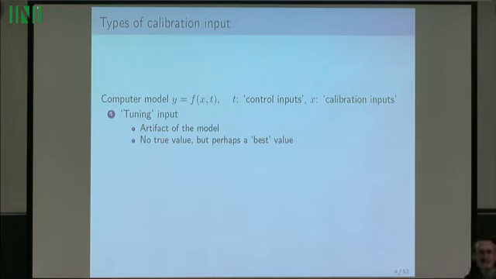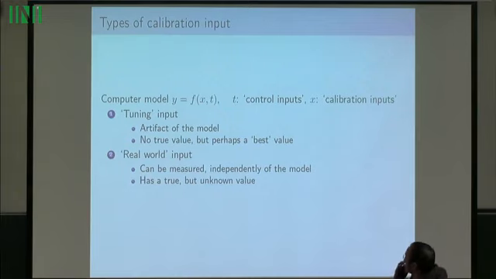So certainly in that sense, there's no independent true value. There might perhaps be a best value that makes the model perform correctly, but even that's debatable. But certainly we're going to have types of inputs that aren't directly physically observable, might loosely correspond to something in the real world, but aren't true quantities in any sense.